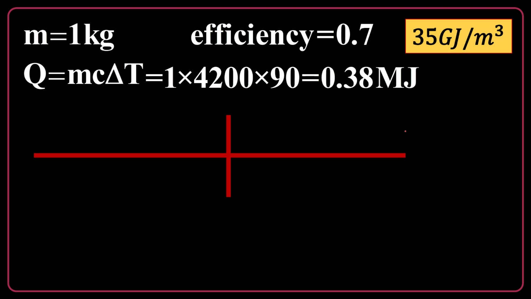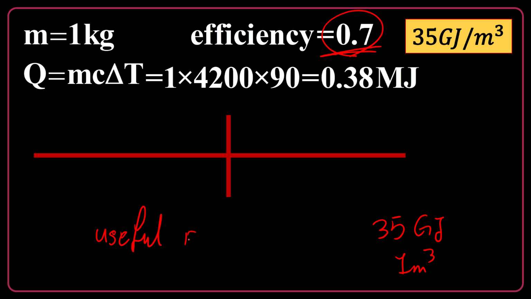Okay, now keep in mind that the process has just 70% efficiency. It means that although the fuel will release 35 gigajoule when you burn 1 cubic meter, the problem is just 70% of that is useful. So actually the useful energy density seems to be just 70% of 35.